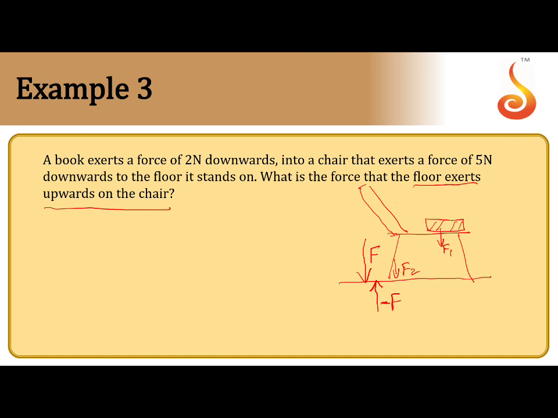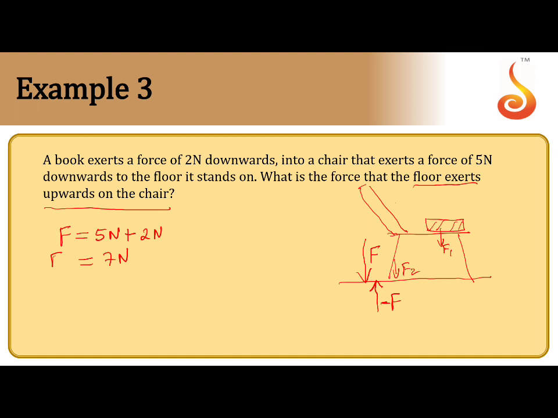So therefore, the force that the chair and the book together apply will be equal to, so the net force will be 5 Newton plus 2 Newton, that is 7 Newton acting in the downward direction.